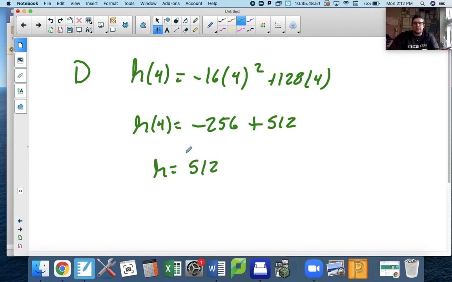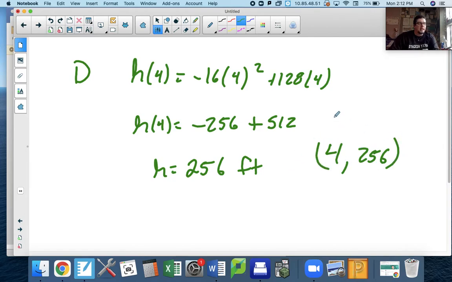And we find out that nope, sorry, I was looking at the other number. It is 256 feet off the ground. So at 4 seconds, its max height is 256. Before and after 4 seconds, it is slightly lower. Even by a millimeter, it's slightly lower than this.